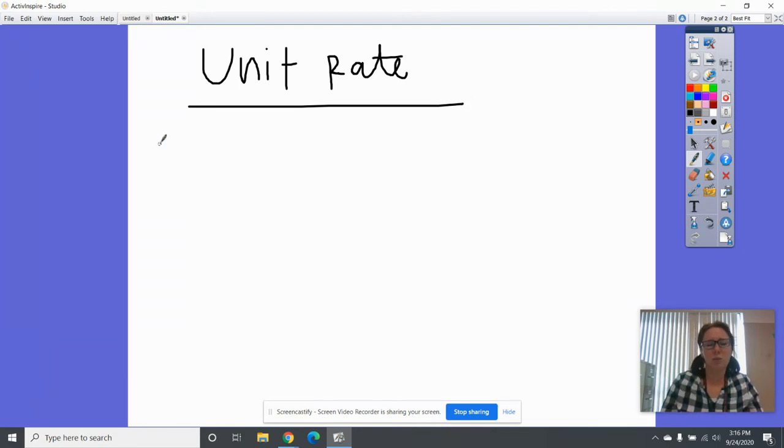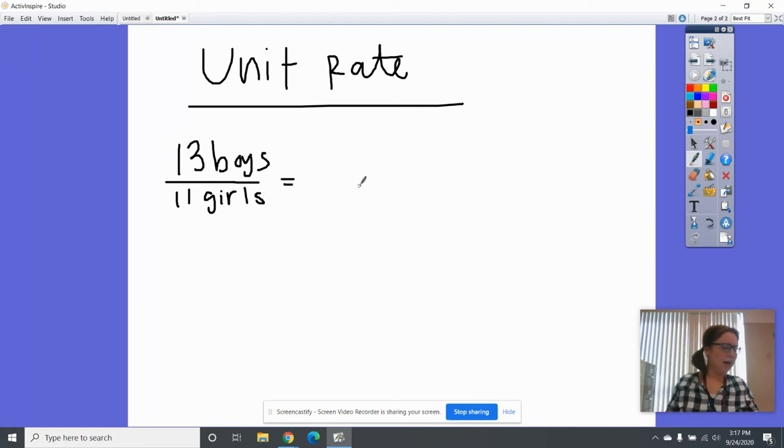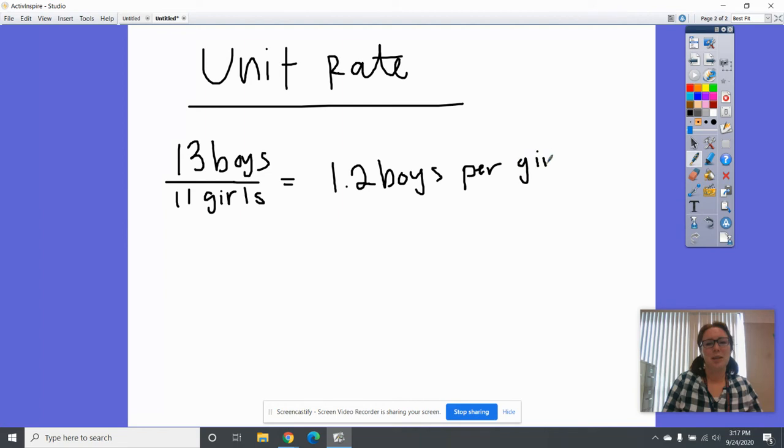So we could use our example of 13 boys to 11 girls and say, well, how many boys are there per one girl? So we would have to divide 13 divided by 11. That means there's 1.2 boys per girl. Obviously that's not a super great example because you can't actually split up people, but that's just showing you a unit rate.